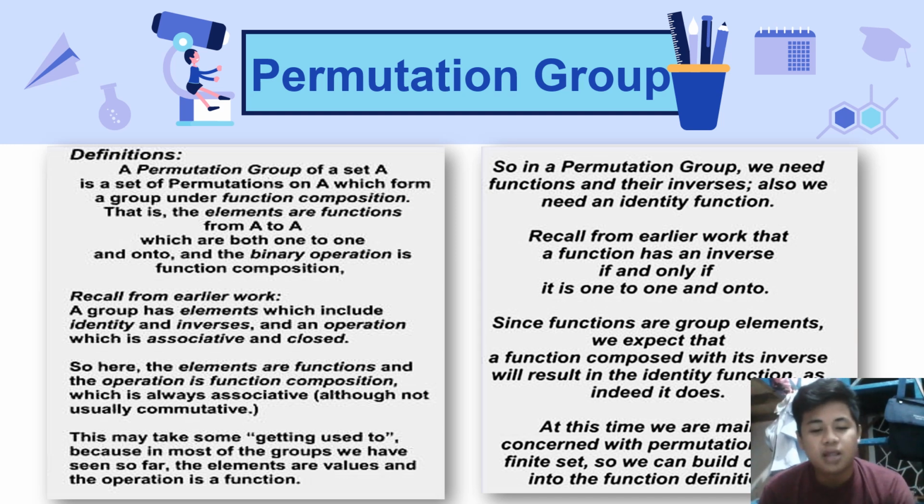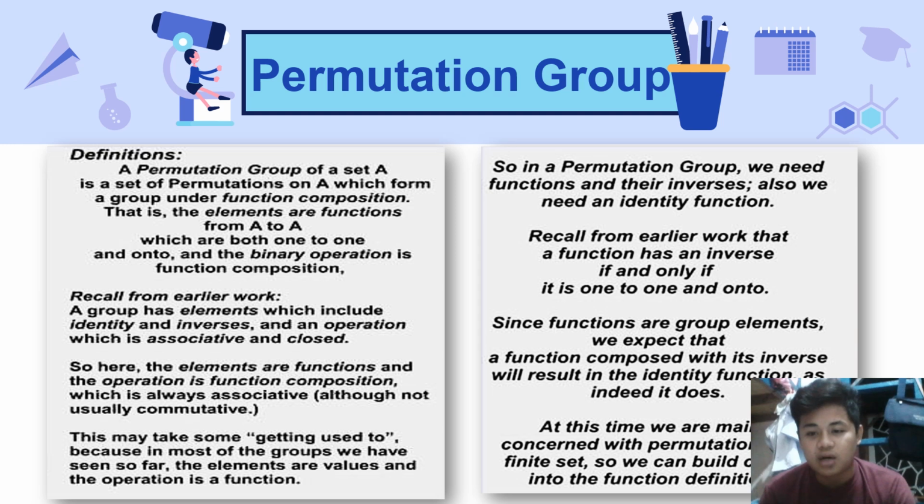So this may take some getting used to because in most of the groups we have seen so far, the elements are values and the operation is a function. In a permutation group, we need functions and their inverses. Also, we need an identity function. Recall from earlier work that a function has an inverse if and only if it is one-to-one and onto.